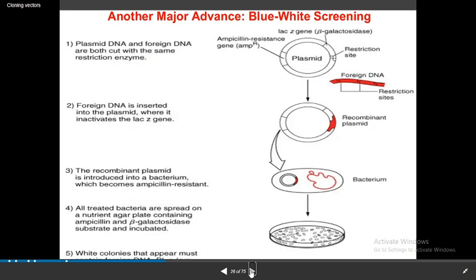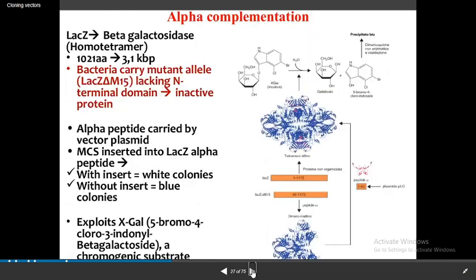Okay, so there are different procedures. When a foreign DNA enters a plasmid, that area gets inactivated. How are you going to understand this? Through the blue and white screening method, you can differentiate non-recombinant and recombinant ones.